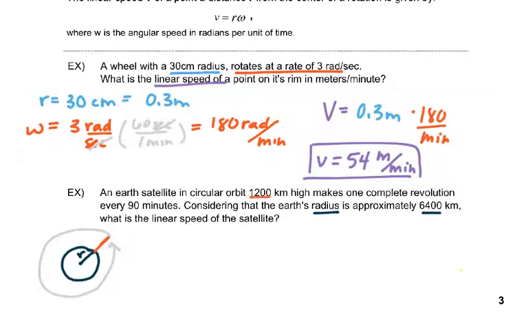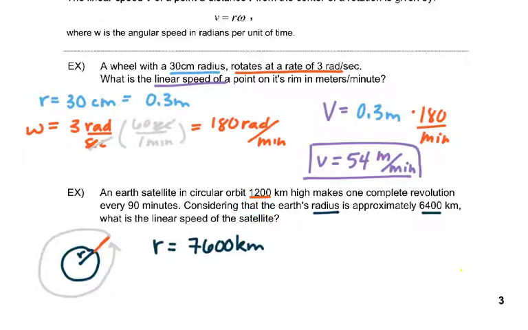That is 1,200. So 6,400 plus 1,200, my radius, r, is going to be 7,600 kilometers. And that 7,600 came from summing the 6,400 and the 1,200, these two values.